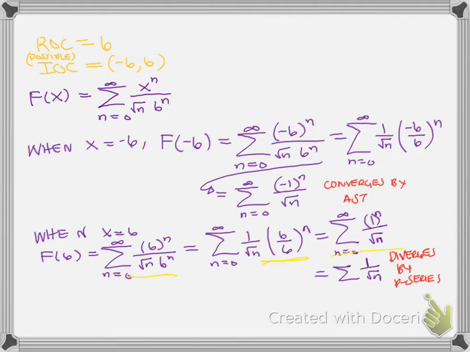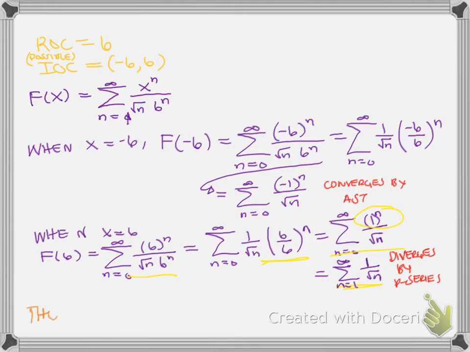And after you simplify it, you get 1 to the n, which is just 1, right? So you get the series 1 over the square root of n. And n goes from, I think I changed it to 1. So you can change that to 1, but that's fine. That's irrelevant here. So this will diverge by the p-series. Okay, so don't assume that if one endpoint converges, the other one has to. In this case, you see it's not. So it converges at negative 6, but it diverges at 6.